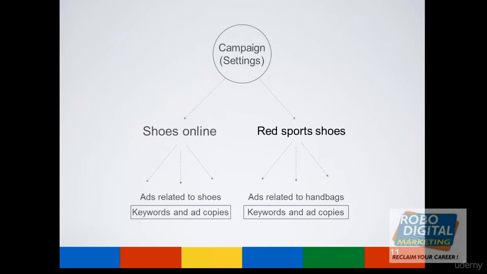Whenever we are making ad groups, we have to keep in mind theming of the keywords. What theming of the keyword is: whichever keywords we put in one ad group should be very similar to each other. If we are making an ad group like buy shoes online, at least one or two words should be common across all the keyword phrases.